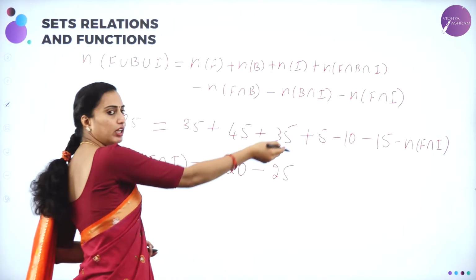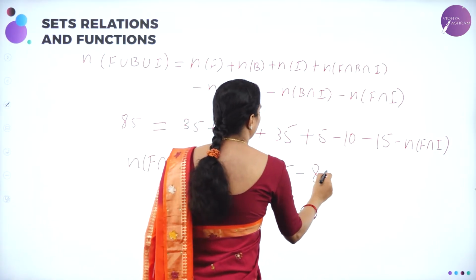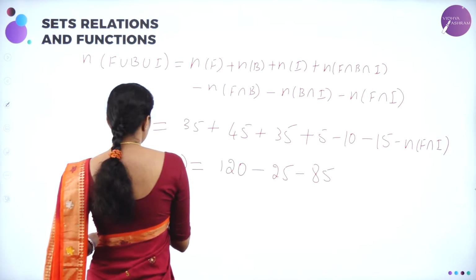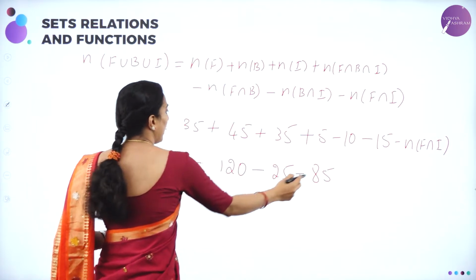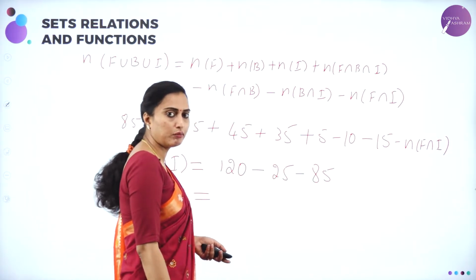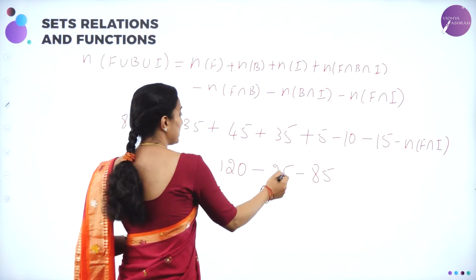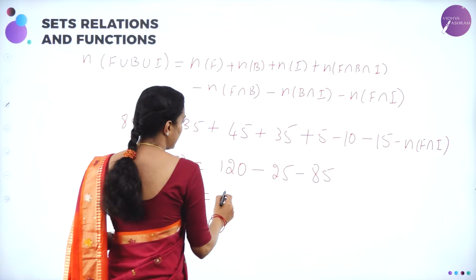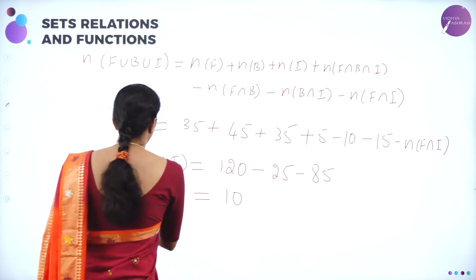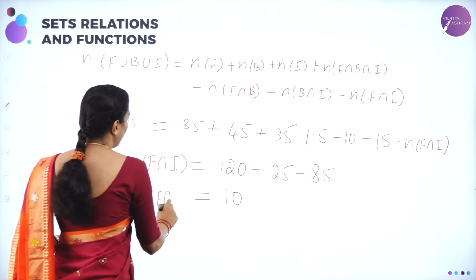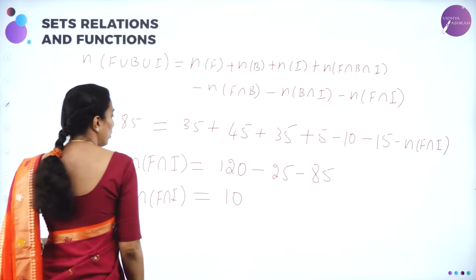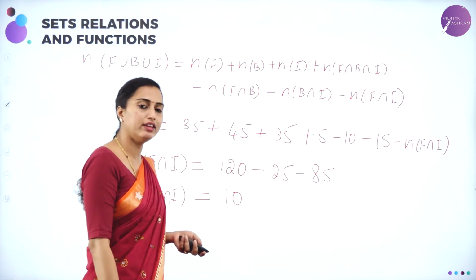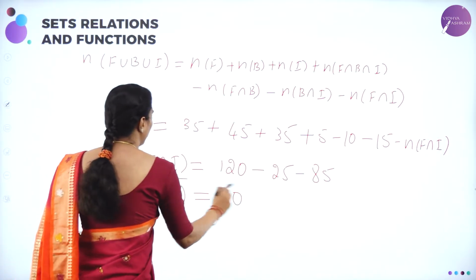Again, this 85 will come to that side, minus 85. Correct? So 85 plus 25 is nothing but 110. 120 minus 110 is nothing but 10. So N of F, who play both football and indoor games, is nothing but 10 students.